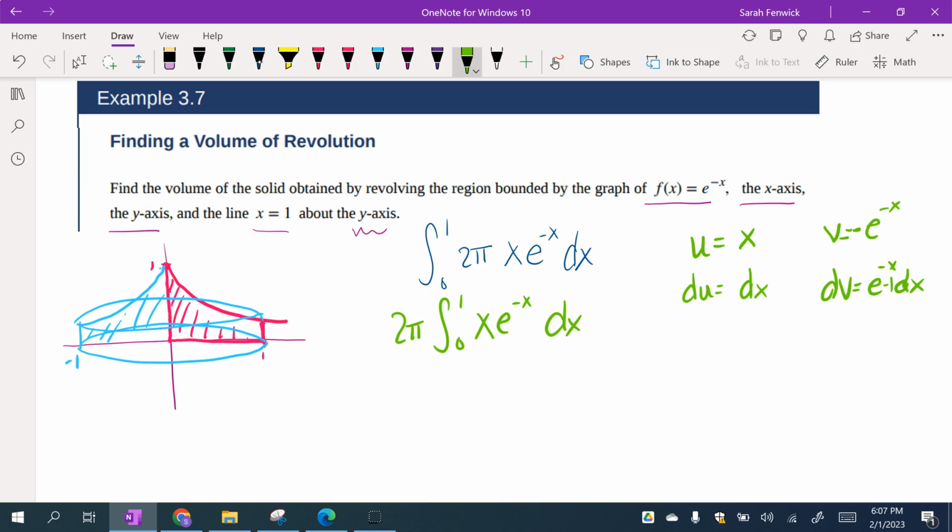Sorry, my brain is working overtime. So it's negative e to the negative x.